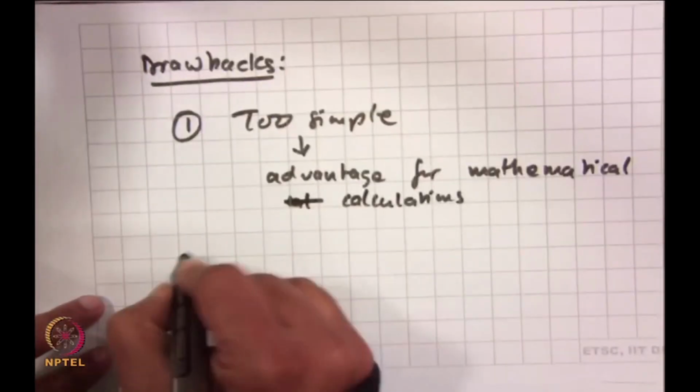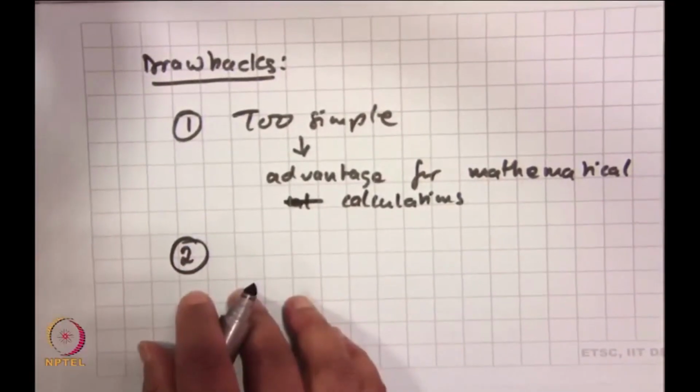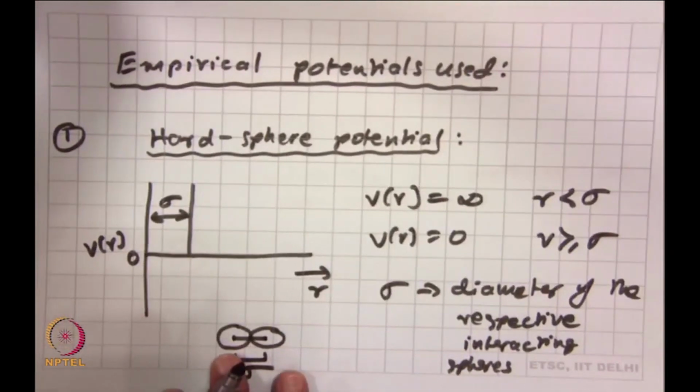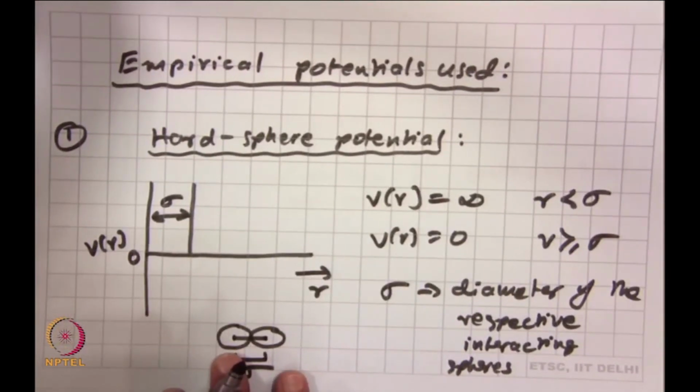Number 2, think about this, guys. When we talked about the empirical potentials used, your potential is not only repulsive, it also has to have some attractive potential, otherwise they will never come together.